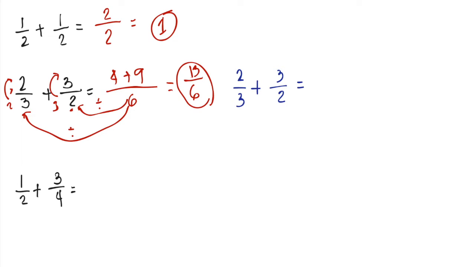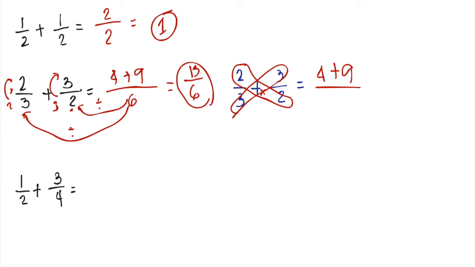In this way, this is kind of a shortcut. What we're going to do is multiply the numerator of the first term by the denominator of the second term. We will multiply them, and then write it as the first term of your numerator. And the same thing, your denominator of the first term, multiply it with the numerator of your second term, and copy the operation, which is addition. 3 times 3, that's 9.